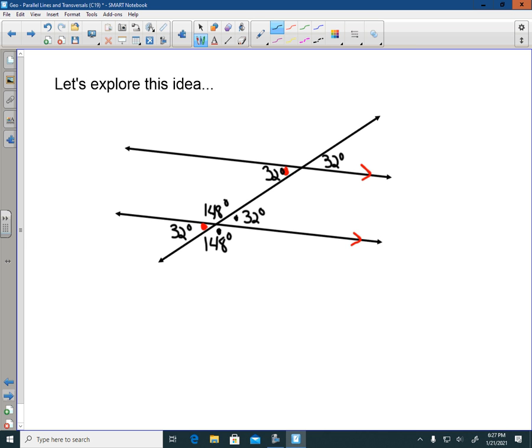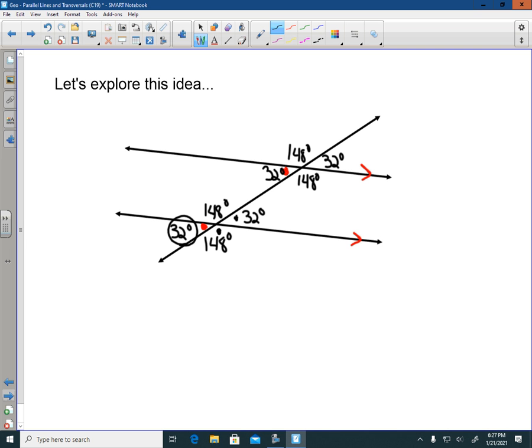If that one's 32, then this one's 148. And if that one's 148, so is this one. And there now, all of a sudden, all we needed to know was this first 32 degrees, and we knew the angle measure of every other angle in this structure.